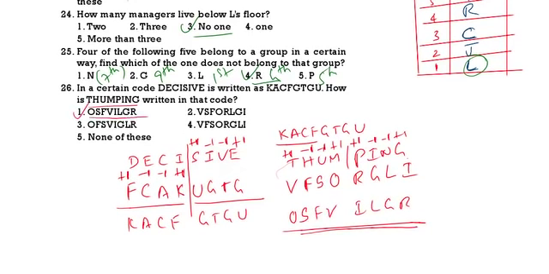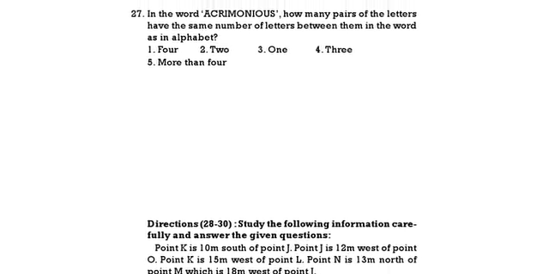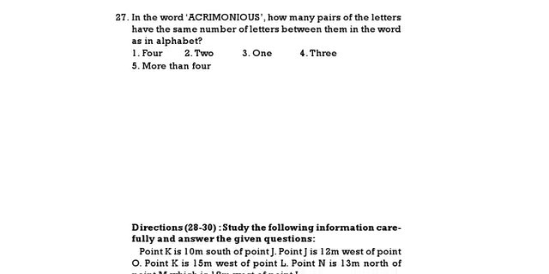See the next, 27th question. In the word acrimonious, how many pairs of letters have the same number of letters between them in the English alphabet? First you have to see front, then you have to see back. Now see the front. A, B, C, D, E, F, G, H, I, J, K. Nothing.